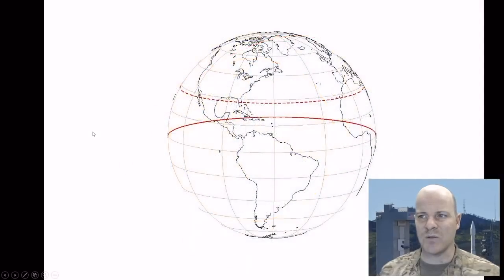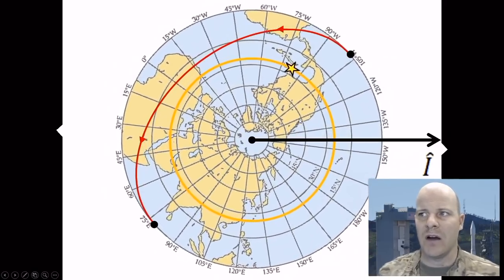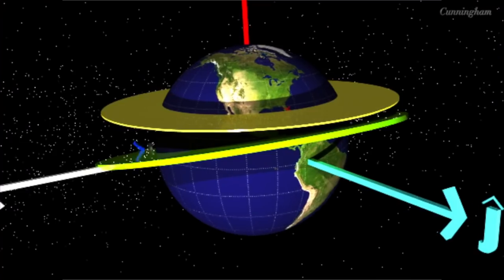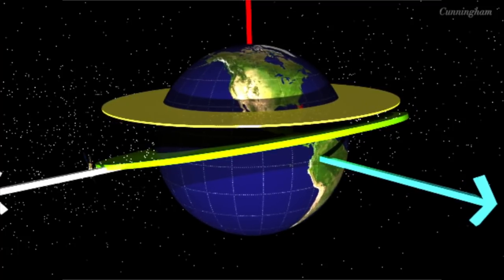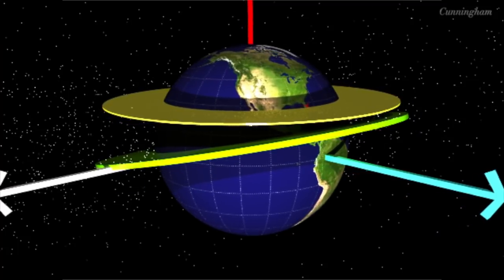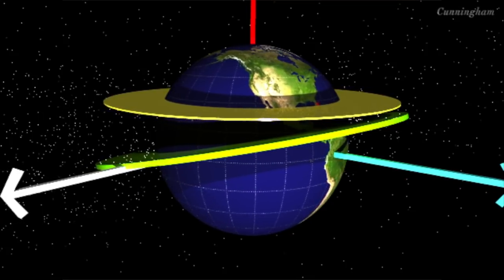So our last case is when we have a launch site latitude that's greater than our orbital inclination. And if that's the case, we actually won't be able to launch directly into that orbit at all. So our launch site will just continually be above our orbit. And so what we would have to do in this case is actually launch into a particular orbit and then do a plane change once we're out in space in order to achieve that particular orbital inclination.